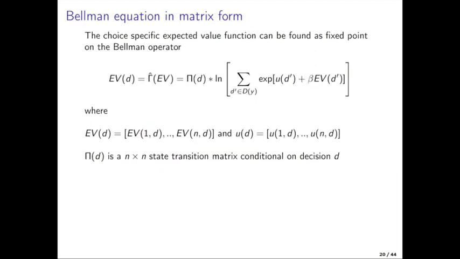Okay, so we can also express this in matrix form. So now if you stack all the value functions on top of each other and all the utilities on top of each other, you have this formula here, and essentially the Bellman operator becomes a matrix that's conditional on the decision, multiplied by a vector of integrated values.